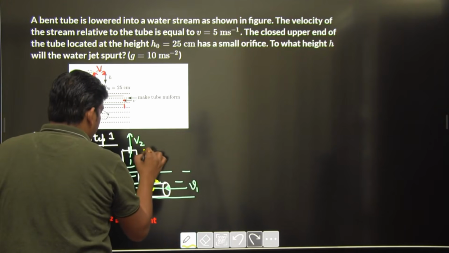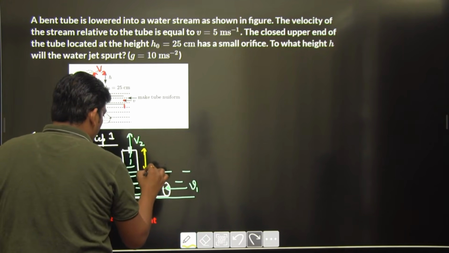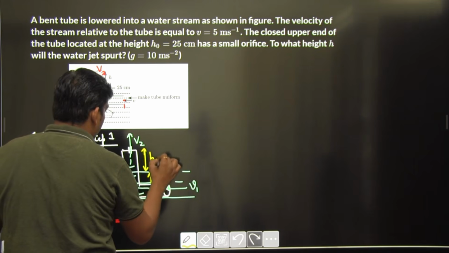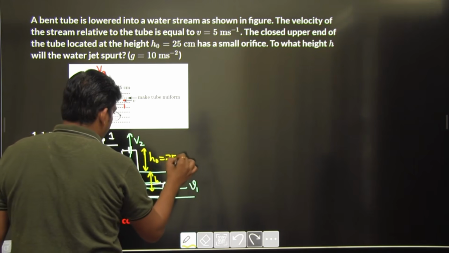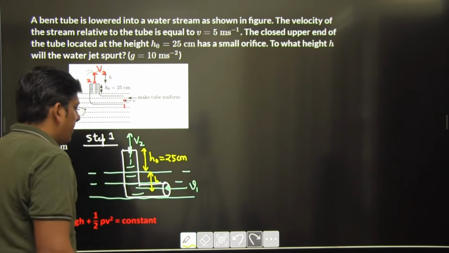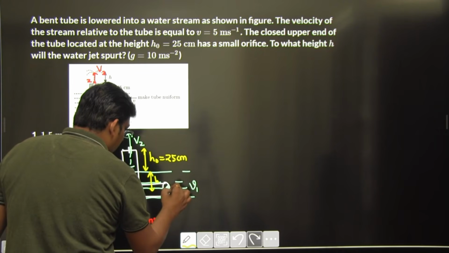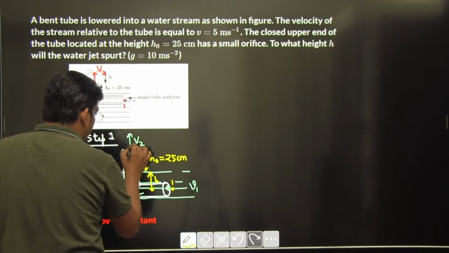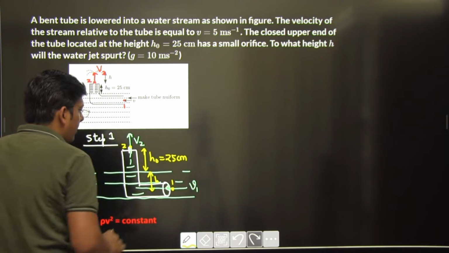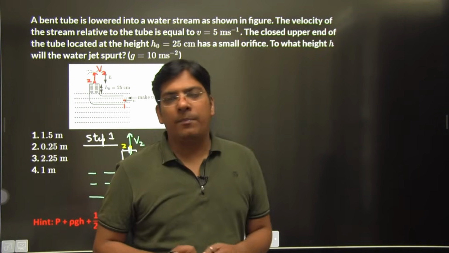And h naught is given, the height of the orifice above the free surface of the liquid, in centimeters, one thing to note. Now we'll apply Bernoulli's theorem between point 1, which is just outside the tube here, and point 2, which is just outside the tube here. Now let us apply Bernoulli's theorem.